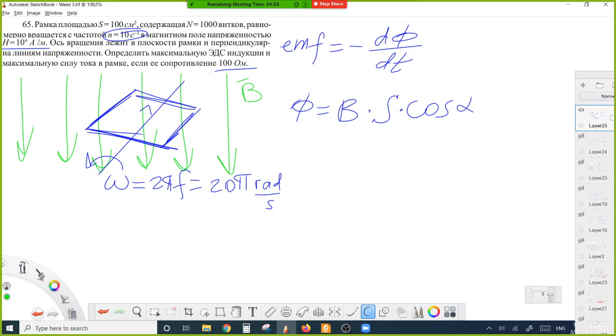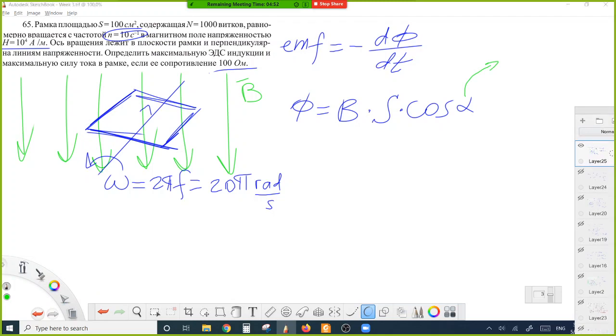Due to the fact that our loop is rotating, this alpha will also change in time, and alpha will be equal to the frequency omega multiplied by t. And what we have, we have Φ equal to, no, wait, we don't know B.